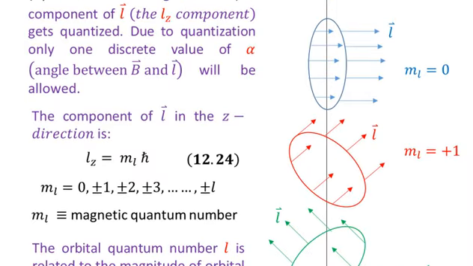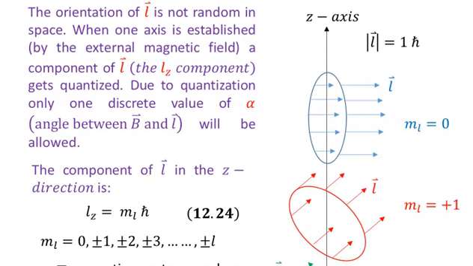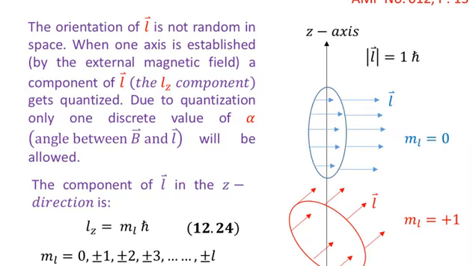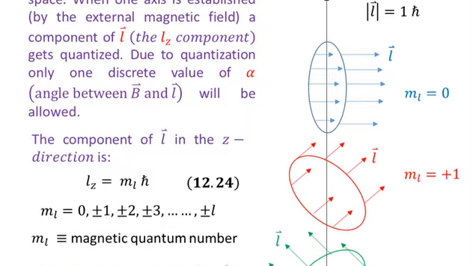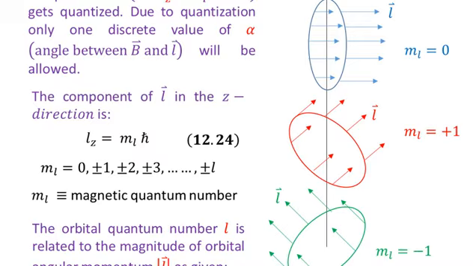And you know that I have applied the magnetic field to an atom, which is shown by the Z direction. So when ML is equal to 0, then the loop orientation is shown against ML equal to 0, and the vector L is perpendicular to the vector B. When ML is equal to plus 1, then the orientation is shown over here.